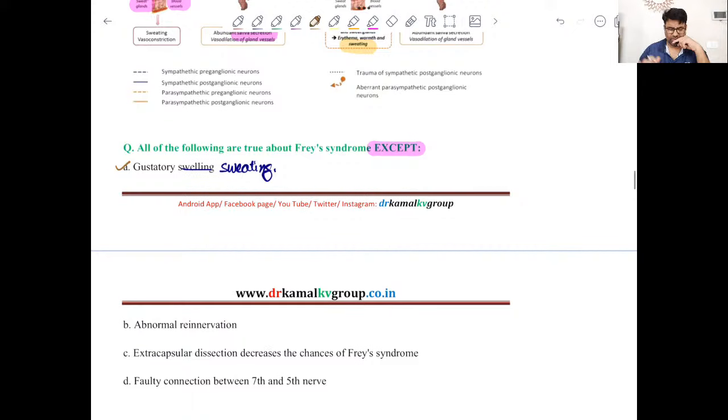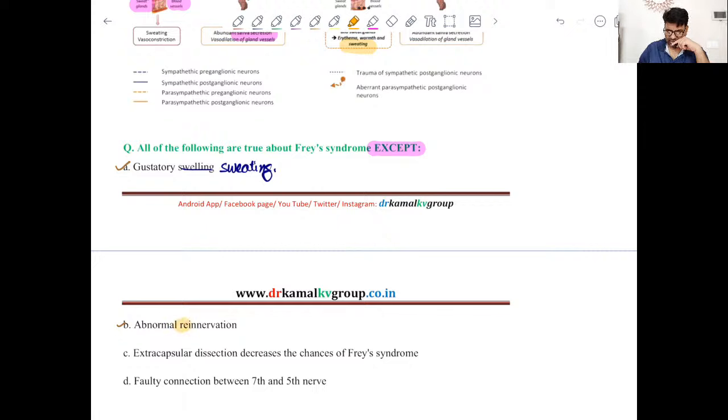Now, what about option number 2? T for true, F for false. What about option B? Whether it is true or is it false? Sneha Rathod, yes, this is true. Yes, Shanawaz, it is true. Raja Charan Sani, it is true. Yes, because there is abnormal re-innervation, right?